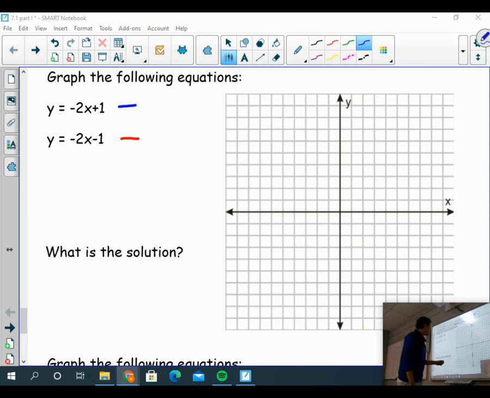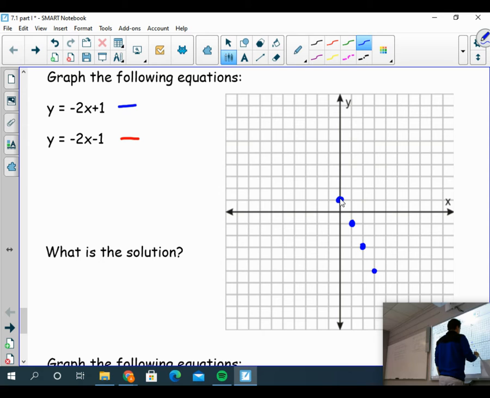So I'm going to graph the first linear equation in blue. It's in slope-intercept form. Hopefully you remember that from chapter 6. It has a y-intercept of 1 and a slope of -2. So I go down 2 over 1, down 2 over 1, and you get the idea. Then I'm going to do the same thing for the second linear equation.